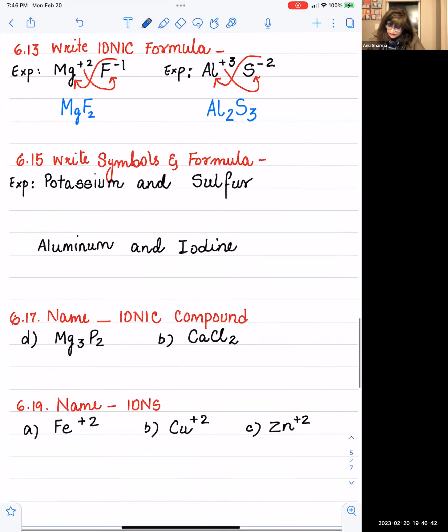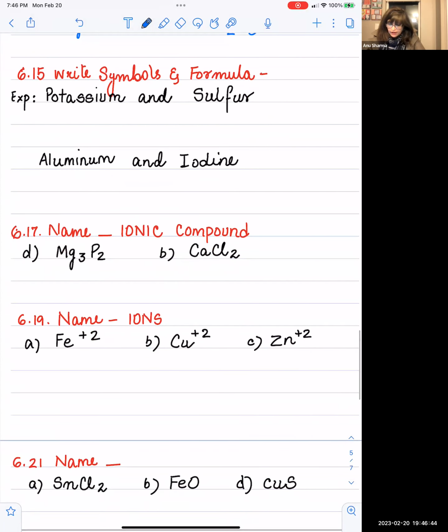Next is write the symbols and the formula. Now, you should know the symbol for potassium. Potassium is K, and sulfur is S. When these two meet, what happens? We should know a few things here. Potassium belongs to group 1A, and sulfur belongs to group 6A.